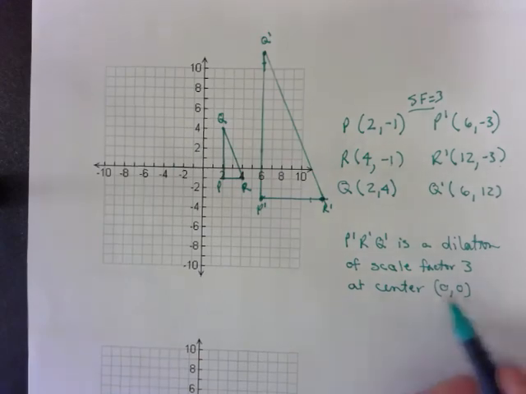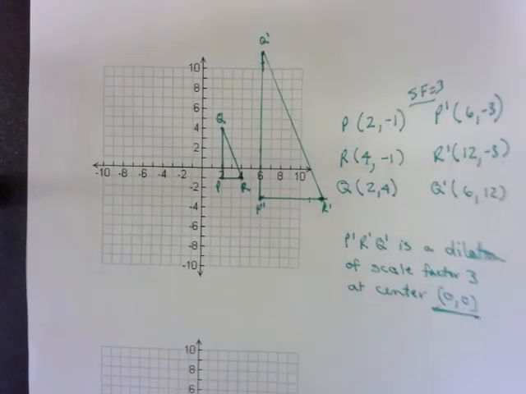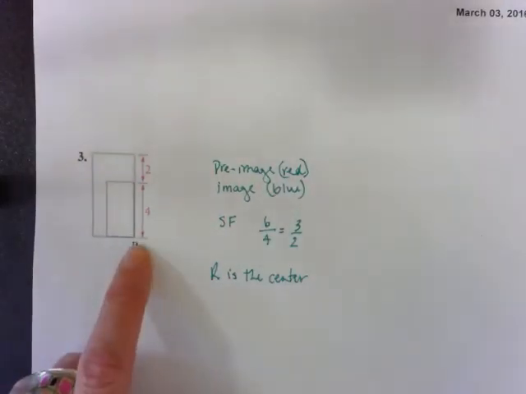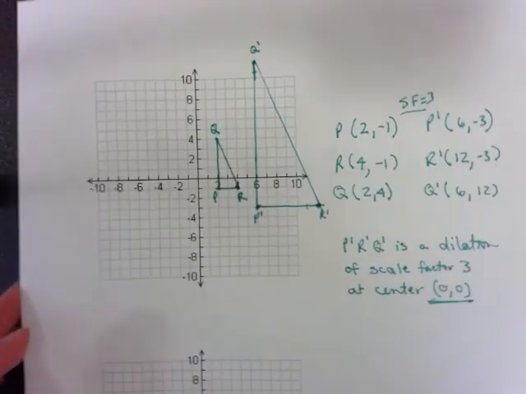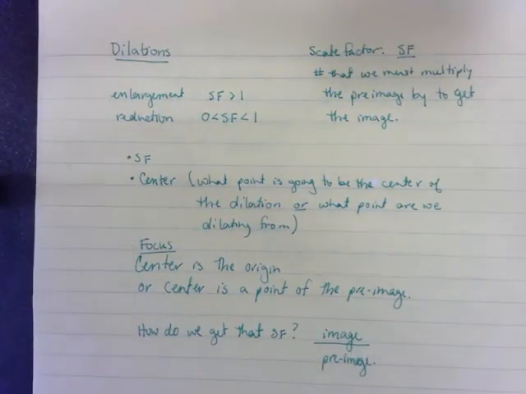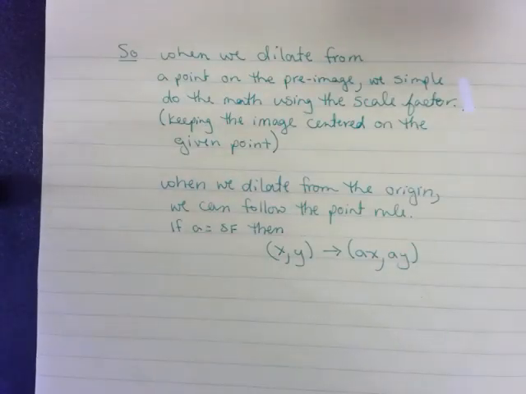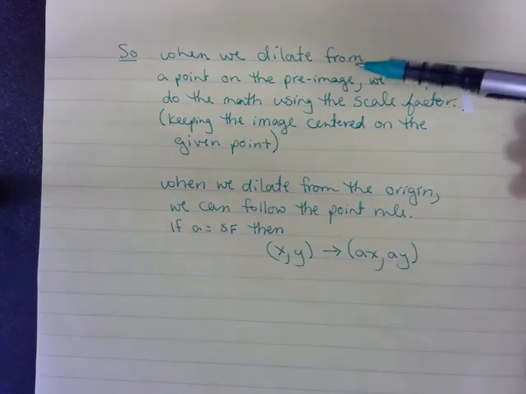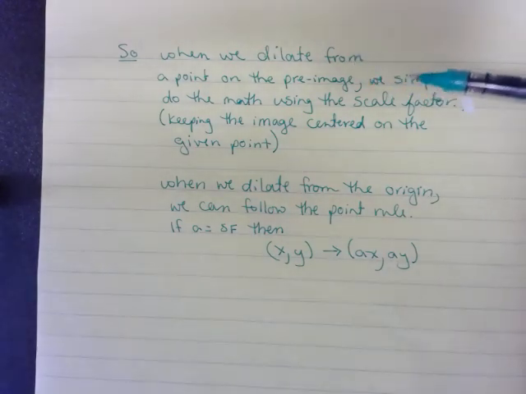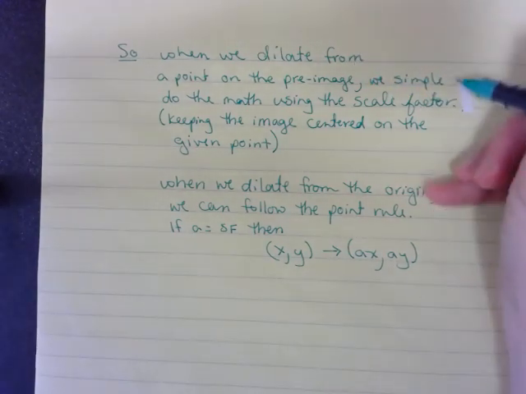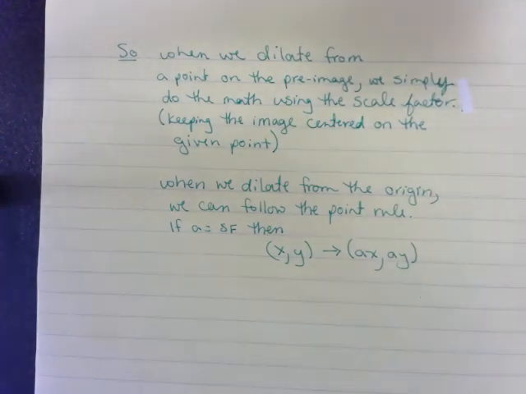What's the difference between the center at the origin and the center at a point on the image and the pre-image? Think about that. The last thing I want to do is just sum this up. When we dilate from a point on the pre-image, we simply do the math using the scale factor, keeping the image centered on the given point.